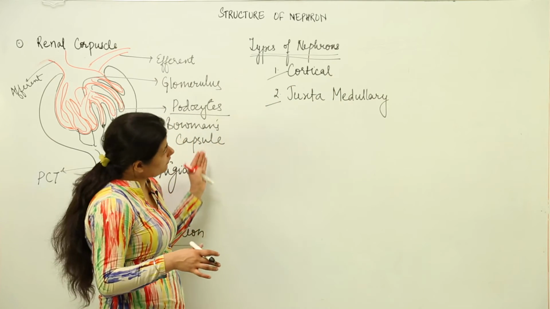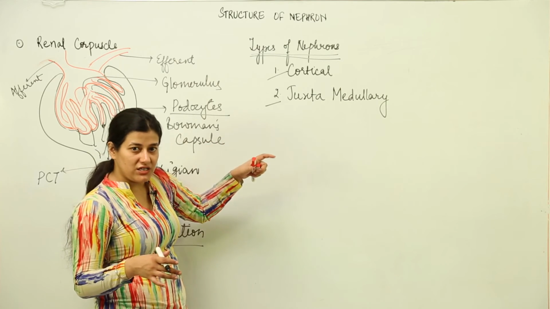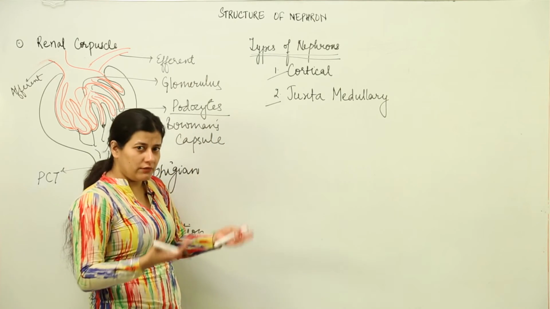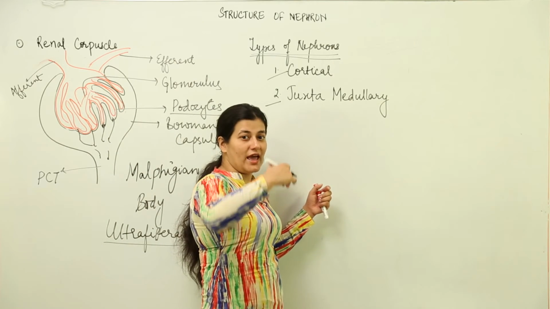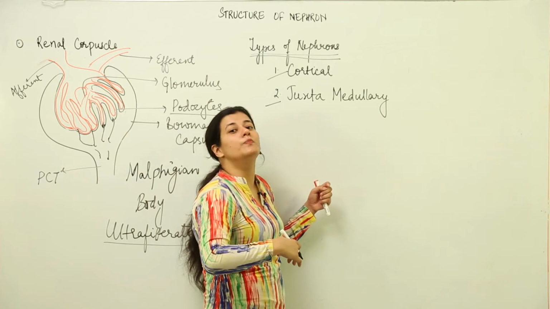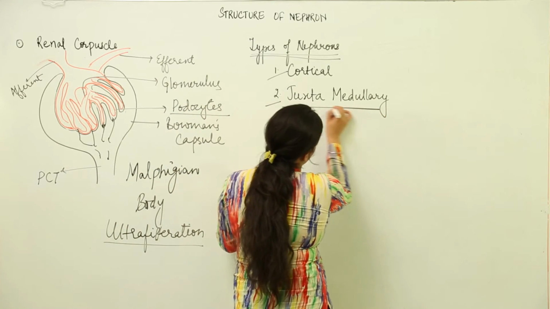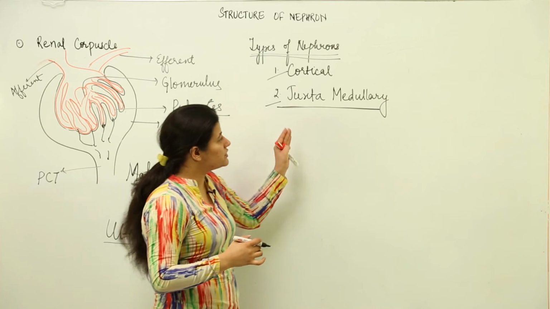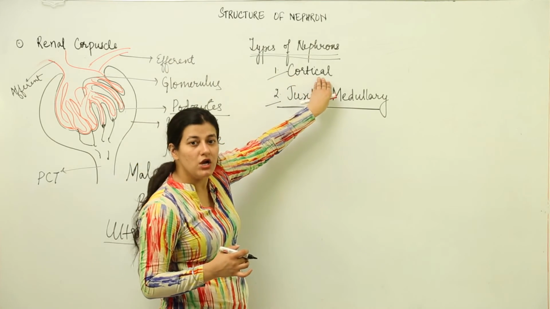Again recall the structure of nephron: the PCT, the DCT, and the glomerulus are present in the cortex itself, but if the loop of Henle has descended greatly into the medulla, then that nephron would be known as juxtamedullary nephron. If it is not that much descended into the medulla, then the nephron is known as cortical nephron.